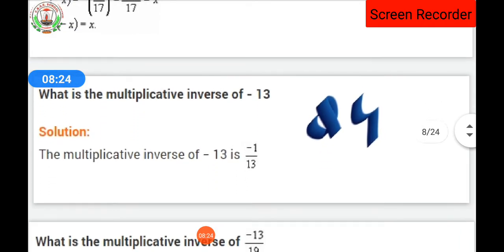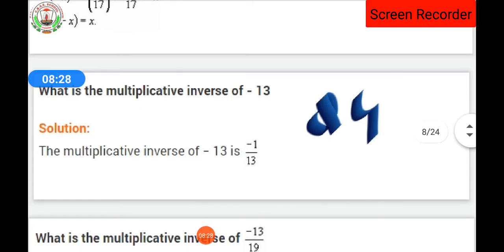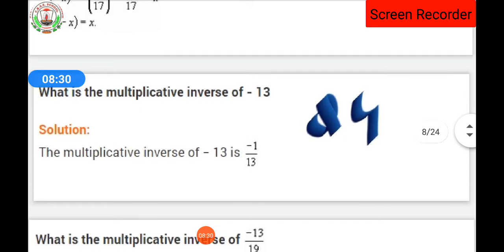Next, moving toward the next question, what is the multiplicative inverse of minus 30? So dear students, what is multiplicative inverse? Multiplicative inverse means we have to do the reciprocal. Reciprocal and multiplicative inverse are the same. The denominator will go to the numerator and the numerator will come to the denominator.